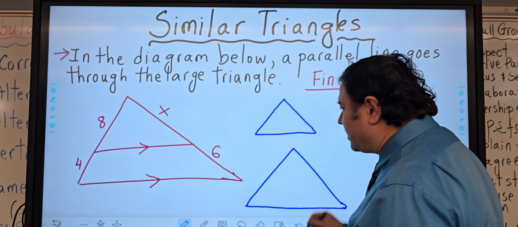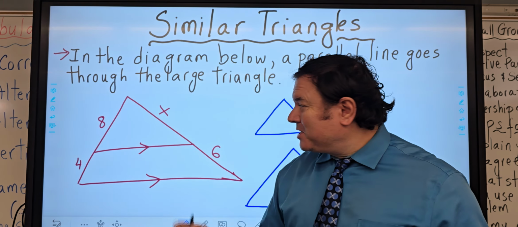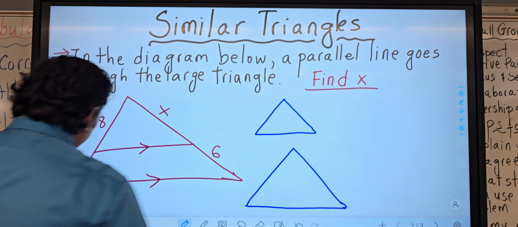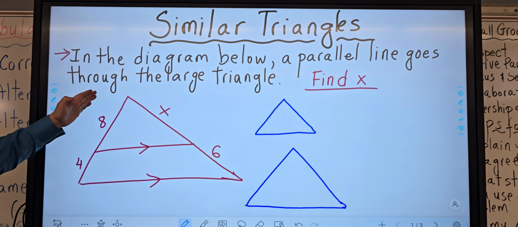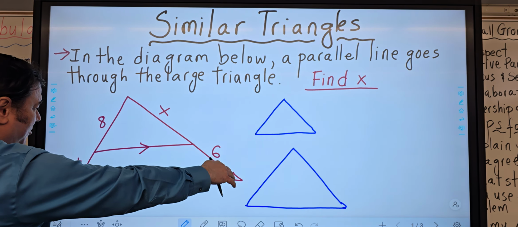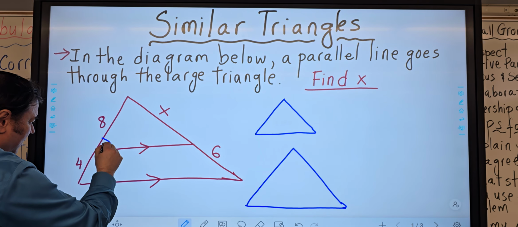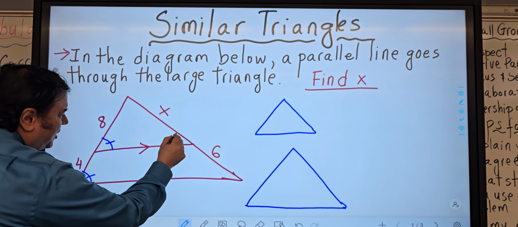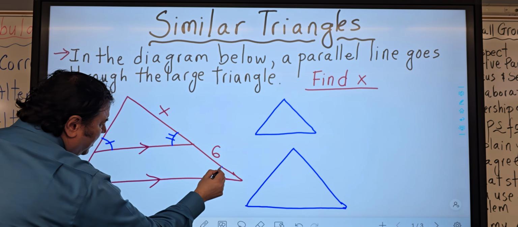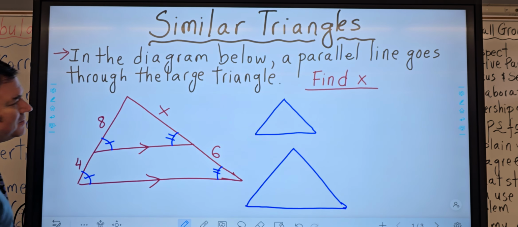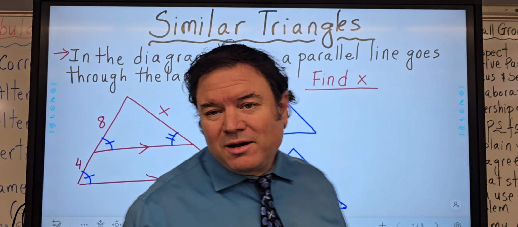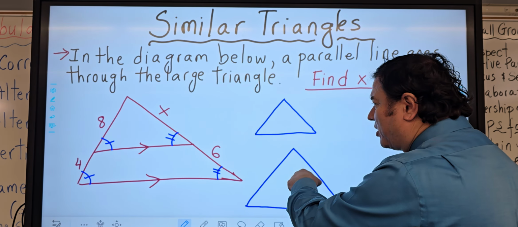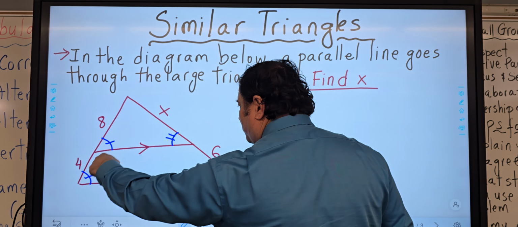Okay, and we know that these lines are parallel. Since this line and this line are parallel, and we have a transversal here and another transversal here, this angle is congruent to this angle, and this angle here is congruent to the other angle over here. Therefore, these triangles are similar.